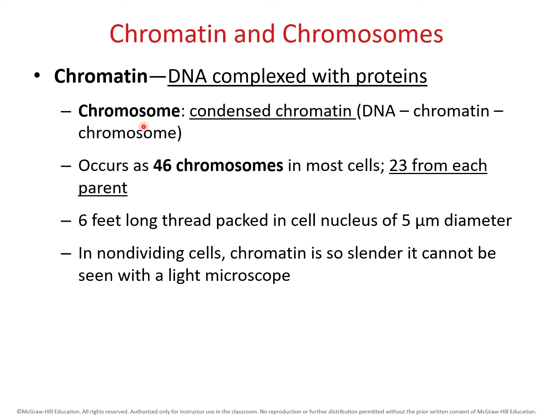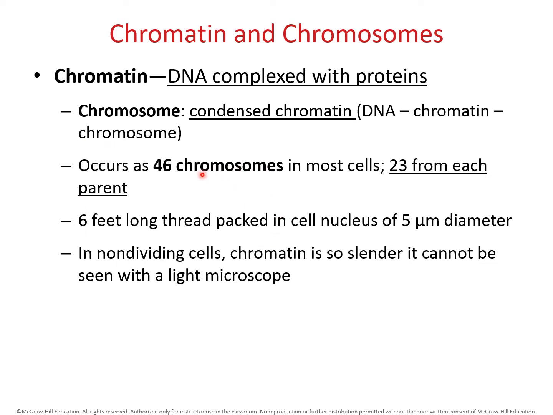So essentially, a chromosome is very, very condensed DNA. And just so you know, from smallest to largest, first you have DNA, and that will start to condense into what we call chromatin. And then chromatin will become condensed even further, and then we have what you call a chromosome.